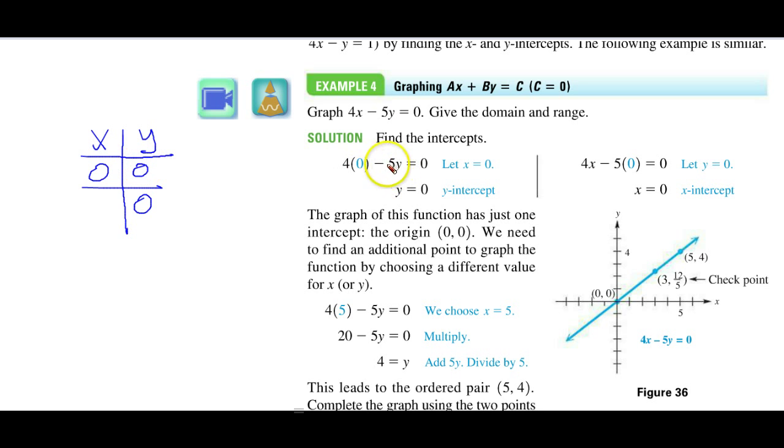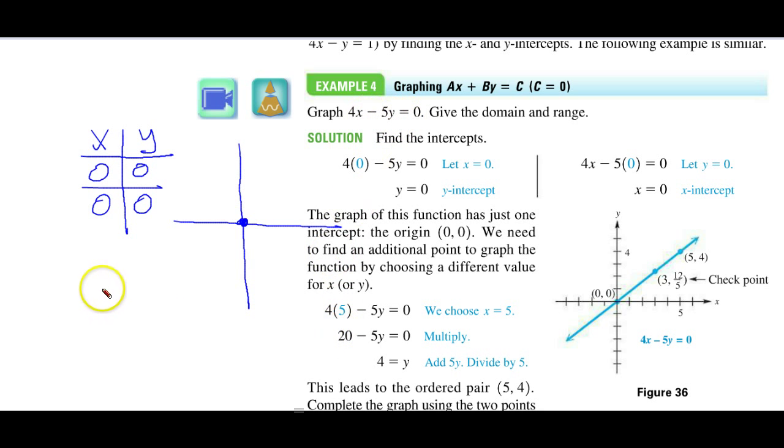And if you put a 0 there, this is 0. So we don't get very far in doing our graphing, because when we see something like this and our constant is 0, the y-intercept is the origin. So how would you graph something like this?